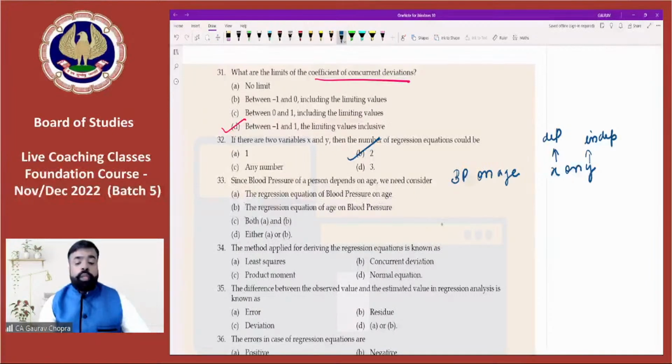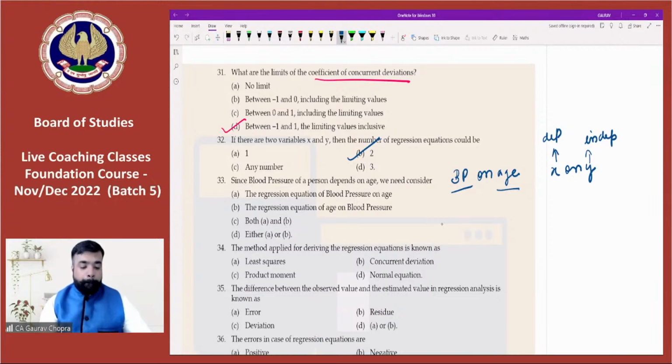Whenever it is the dependent variable, we have to write it first. So BP on age. So we can select which option?